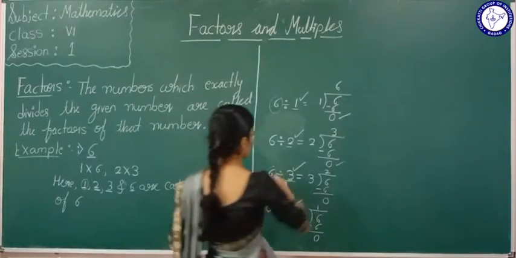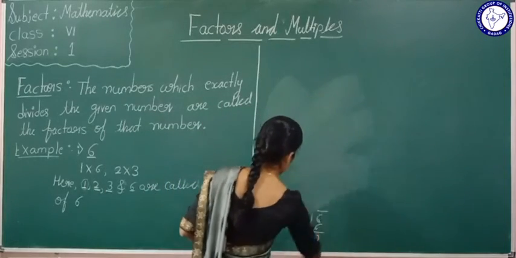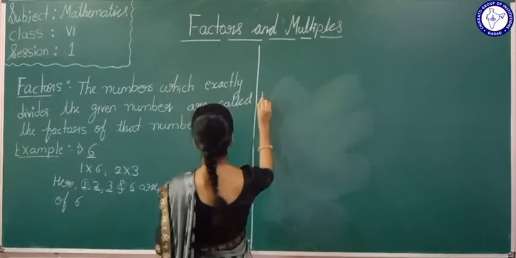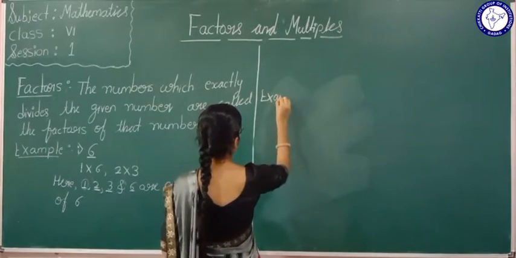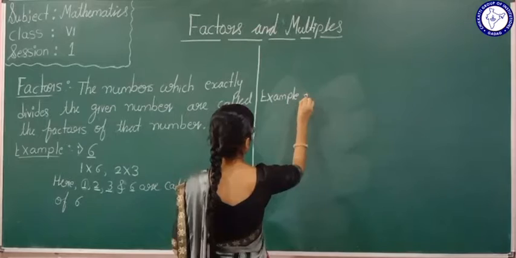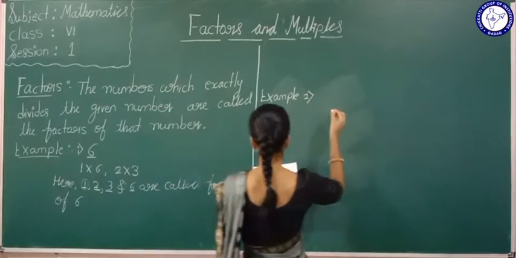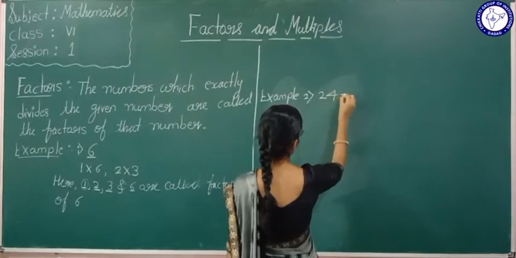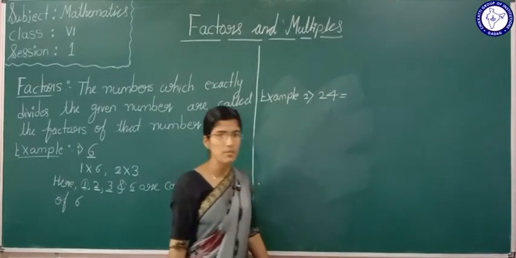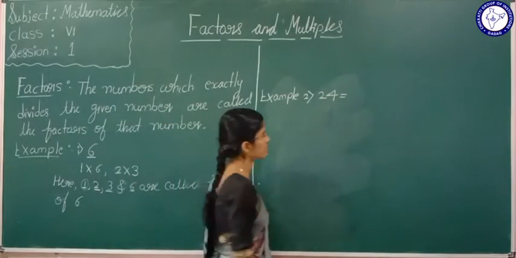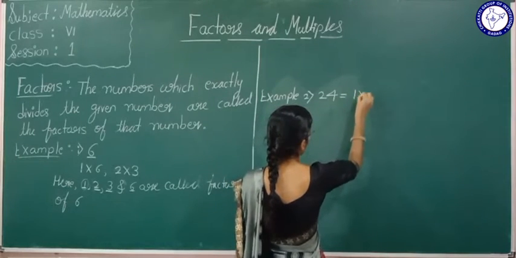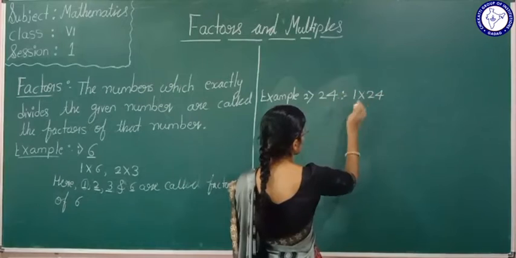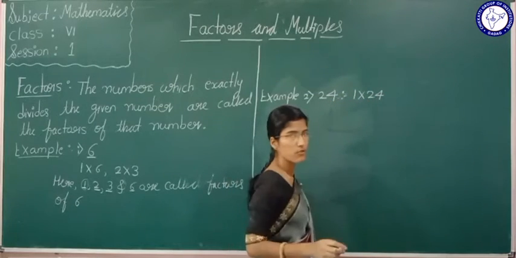We will take one more example. Say example number 2. Take 24. How can this 24 be written? This 24 can be written as 1 24s are 24.